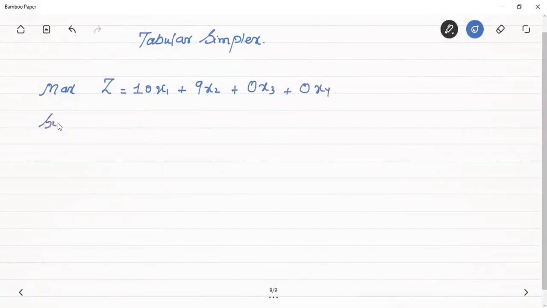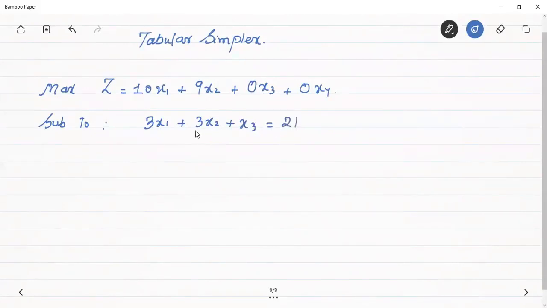The constraints were: the first constraint was 3x1 plus 3x2, and after introducing the slack variable, it became equal to 21.